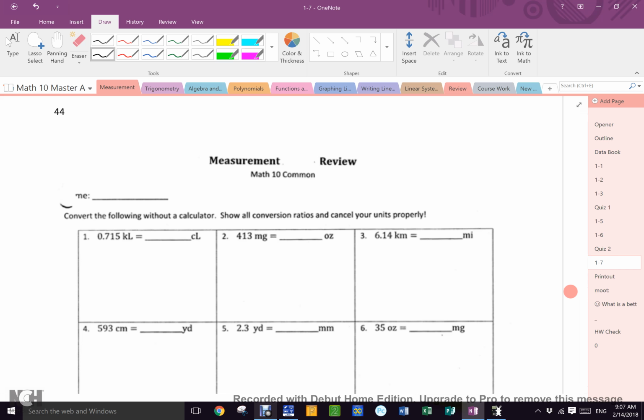You start on that if you finish your quiz. Is that clear? It is not homework. We will not be marking it until Friday, unless everybody gets it done tomorrow, which doesn't usually happen.